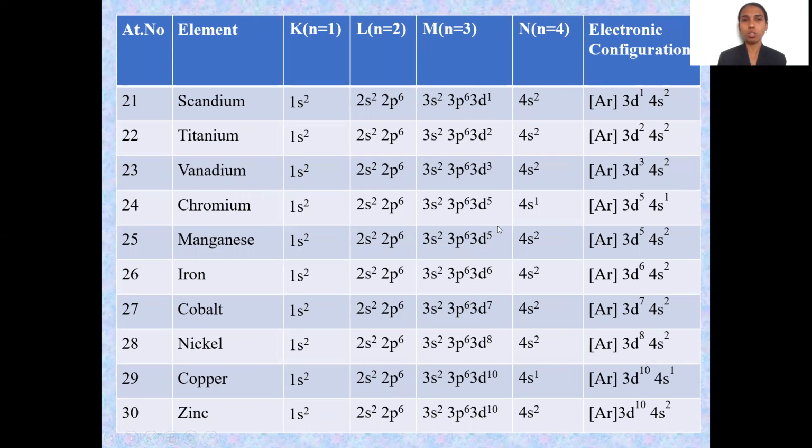If we see the electronic configuration of chromium and copper, see here, chromium atomic number 24 and copper atomic number 29. What we can see in the electronic configuration, see here, chromium electronic configuration is 1s2 2s2 2p6 3s2 3p6 3d5 and 4s1.